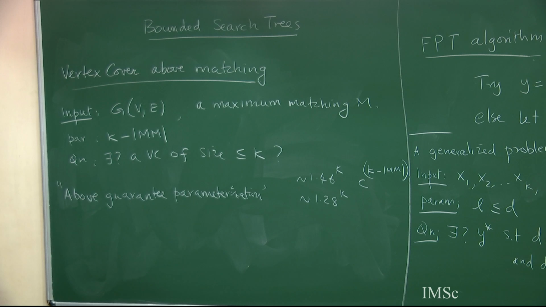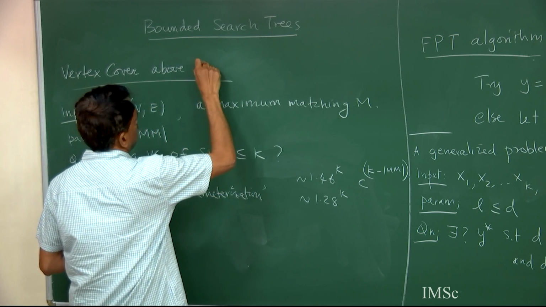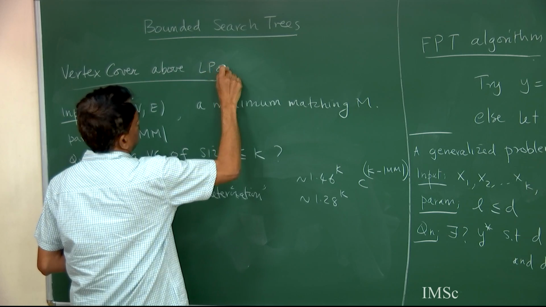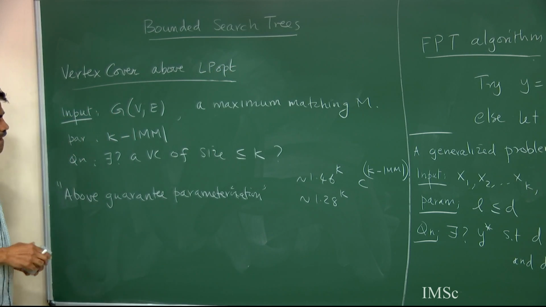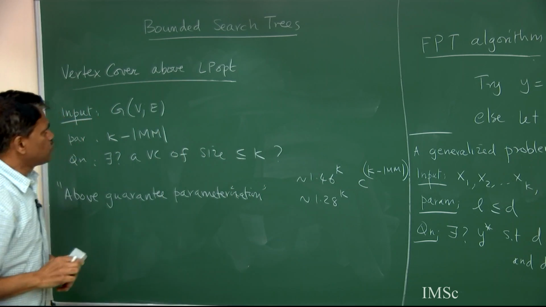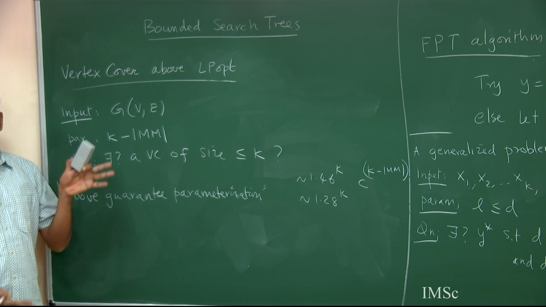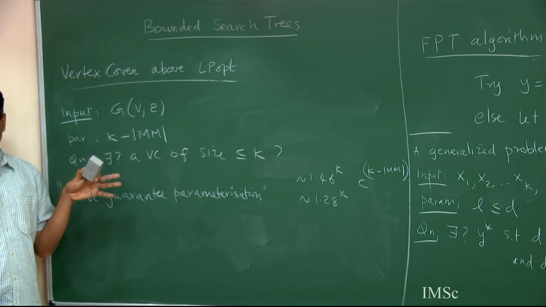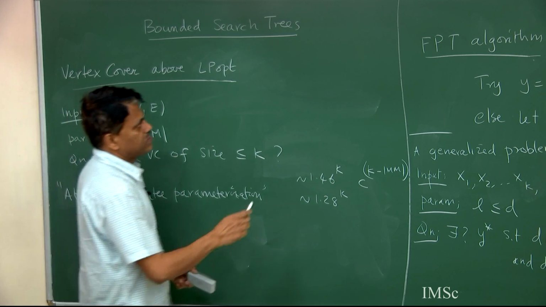Okay. So what we will actually solve, we will come back to this problem later. We will solve the following problem, because we are going to use LP techniques. So, what is LP opt? Given vertex cover, you know how to write an integer linear program for that, right. We have seen this.